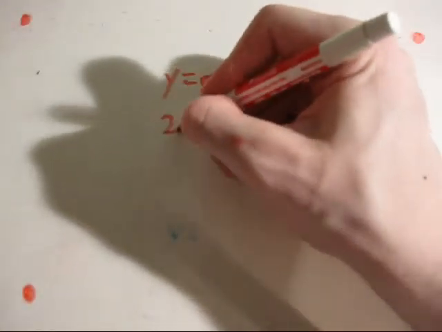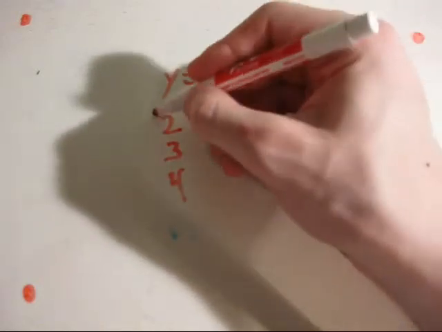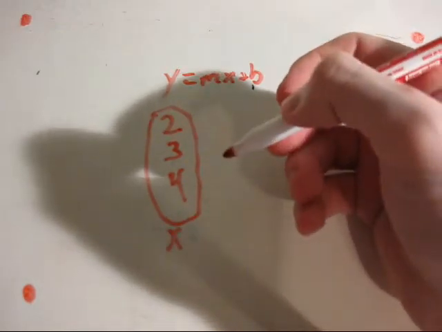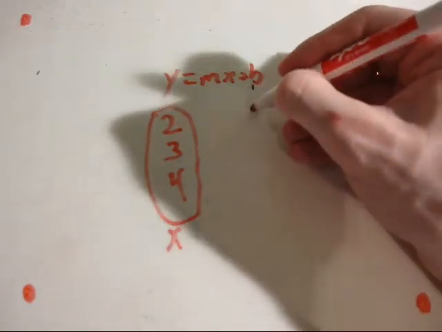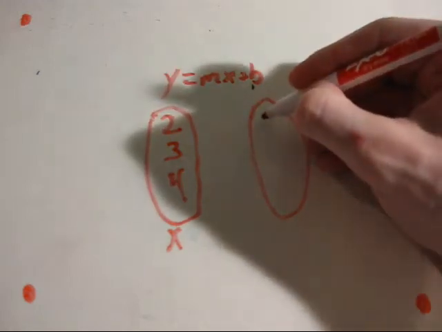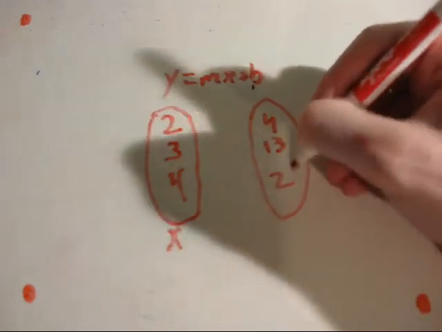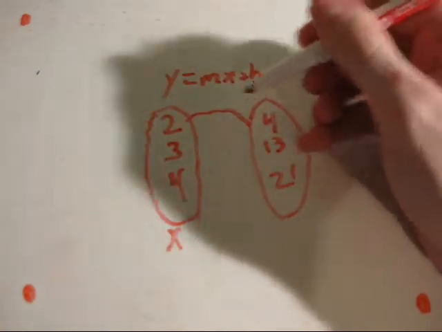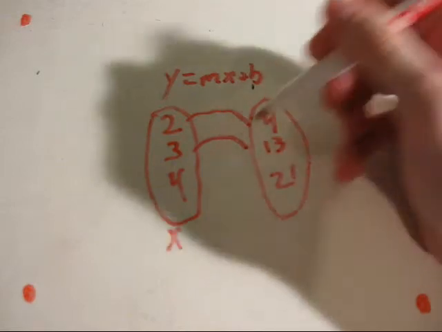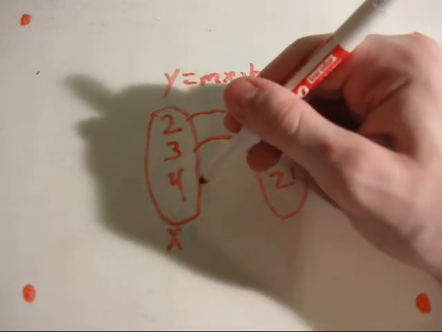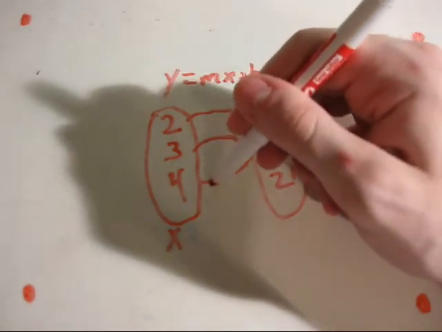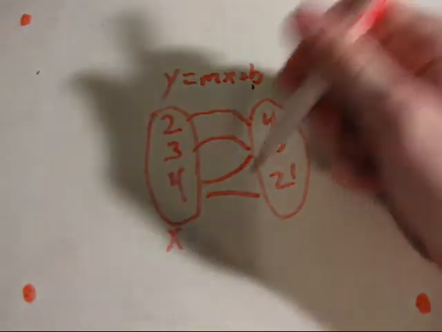For example, if we were to take the terms 2, 3, and 4 in a bubble, standing as the x's, and we had another bubble with 4, 13, and 21 in it. 2 could be associated with 4, 3 could be associated with 13, 4 could be associated with 13, but 4 cannot also be associated with 21.